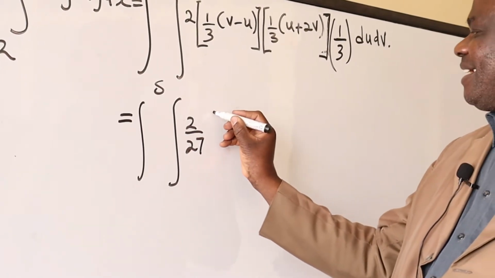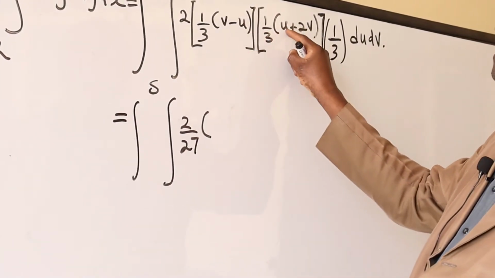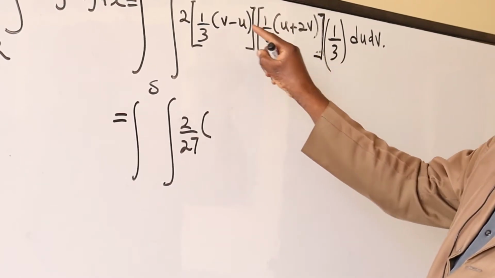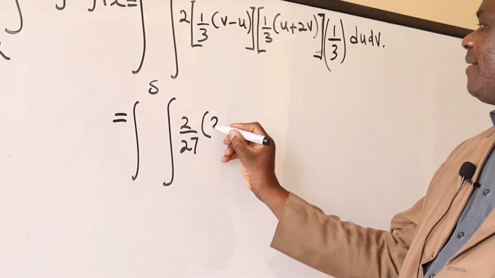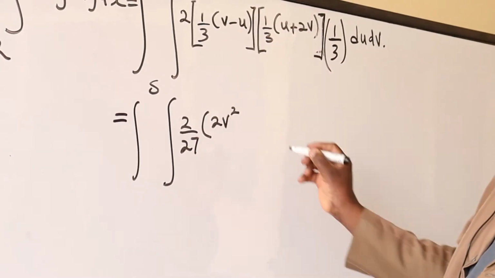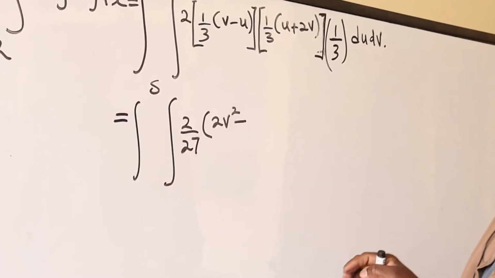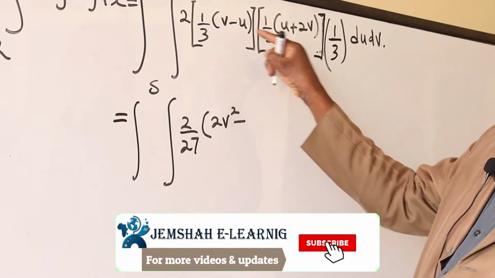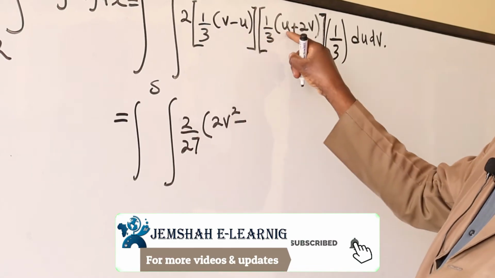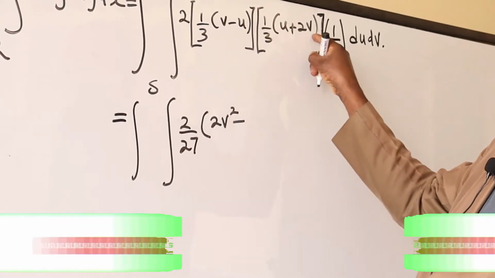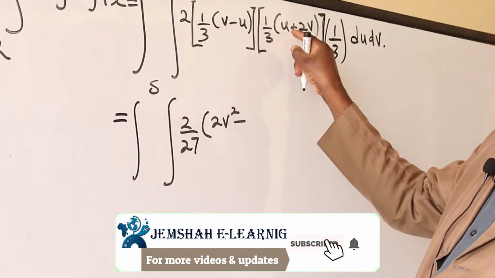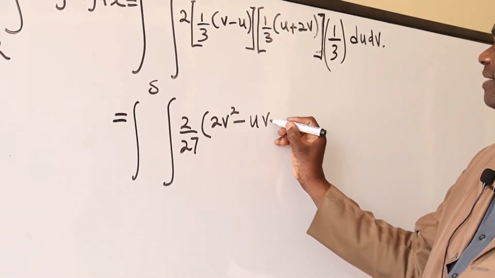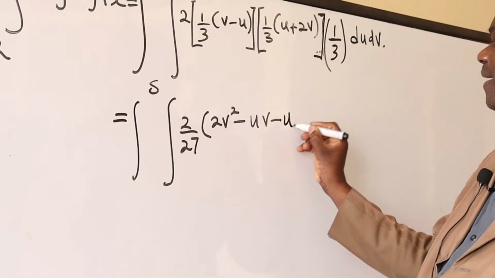So 2 all over 27 and 2uv, 2v squared, minus uv, minus u squared.